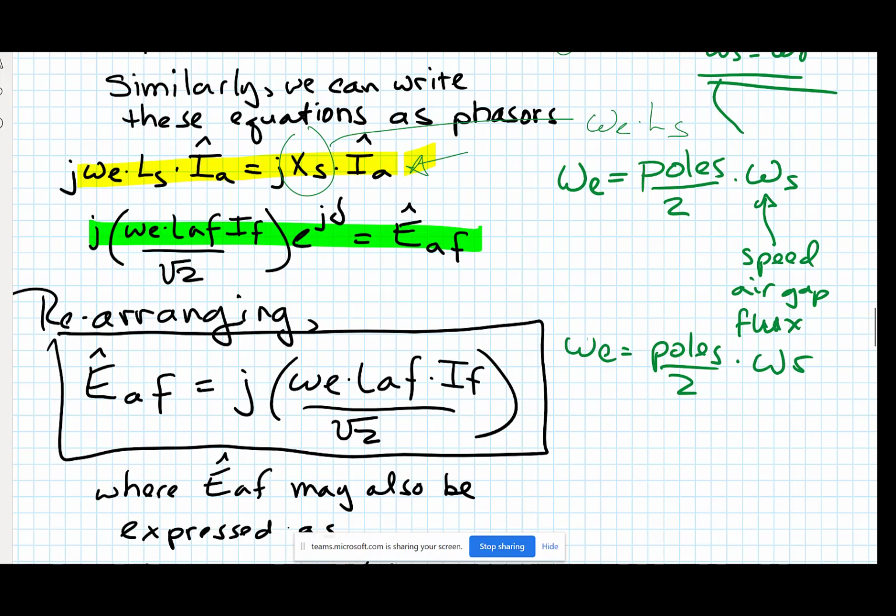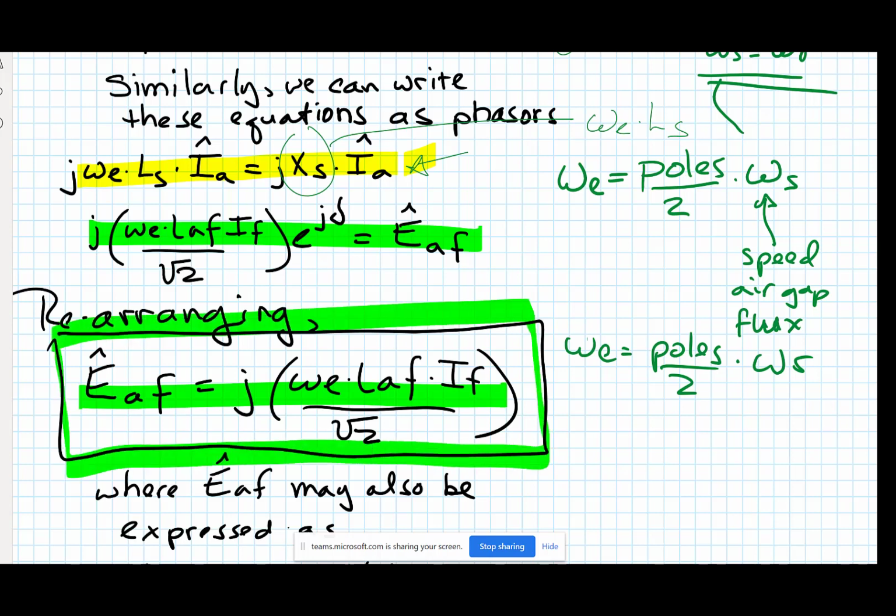And then we can rearrange everything here, and now we have this phasor representation of the EMF right here.